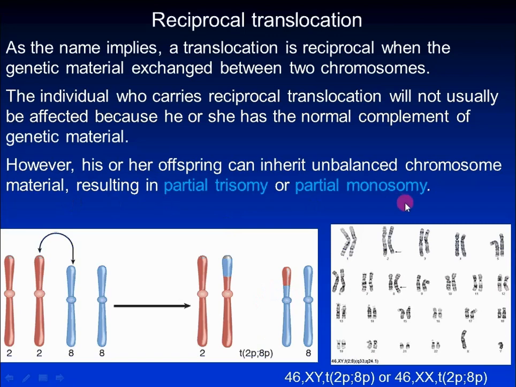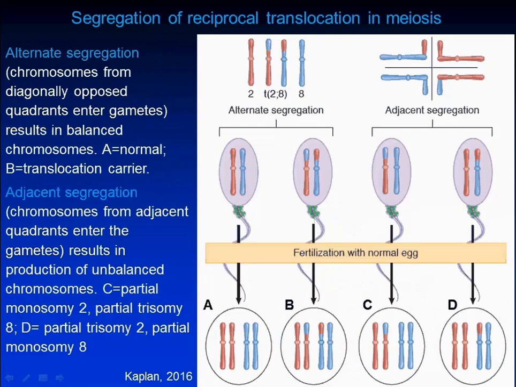How will that happen? To answer that question, first we put 4 chromosomes into 4 quadrants. We put 2 wild-type chromosomes into 2 diagonal quadrants and the 2 recombined chromosomes into the other quadrants.